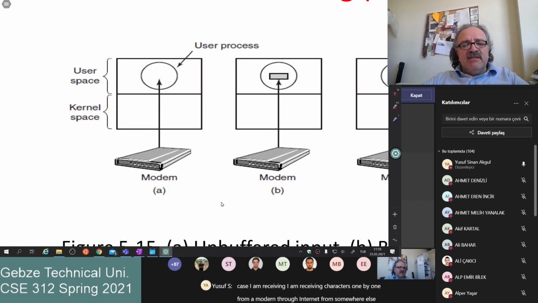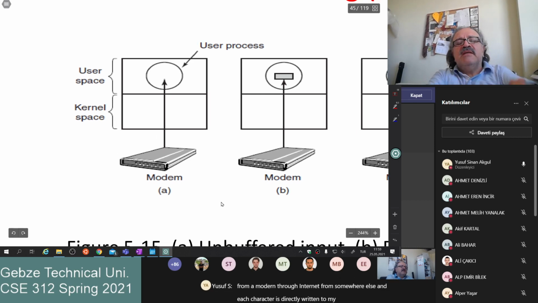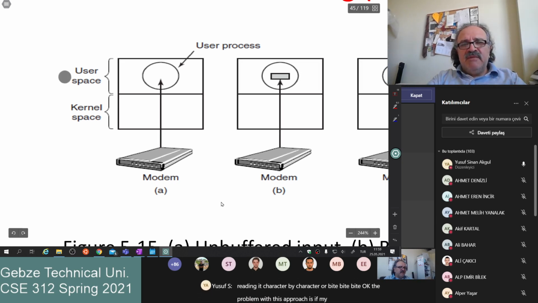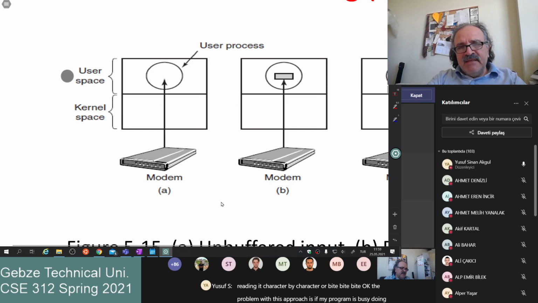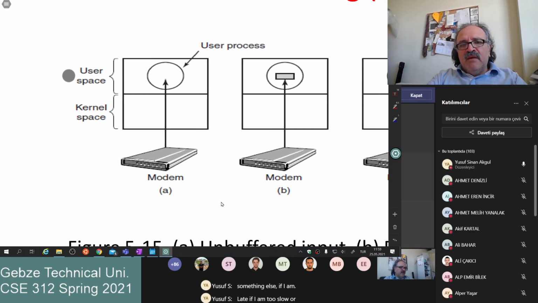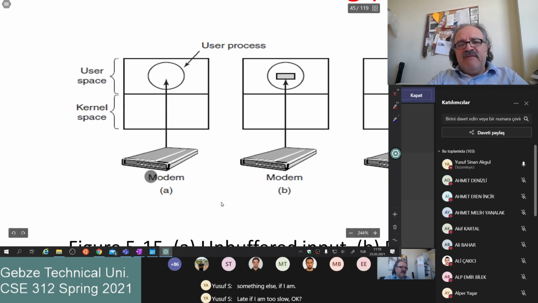And each character is directly written to my user space, and I am reading it character by character or byte by byte. The problem with this approach is if my program is busy doing something else, if I am too slow, this modem doesn't have any place to write its bytes.